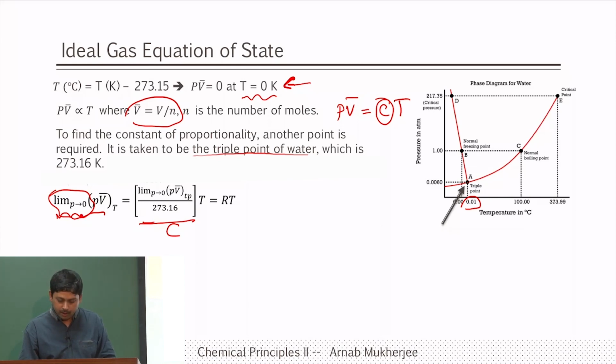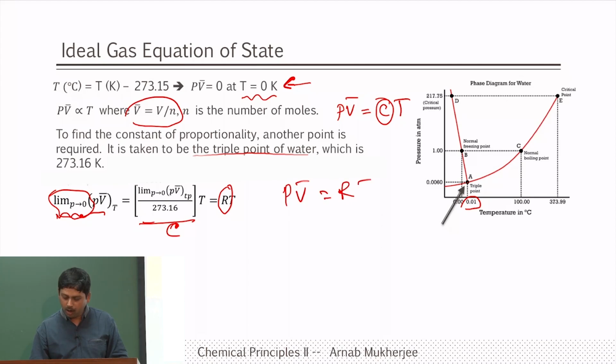So, this C is a ratio of these two quantities, and it happens to be universal for all gases, which is called universal gas constant R.